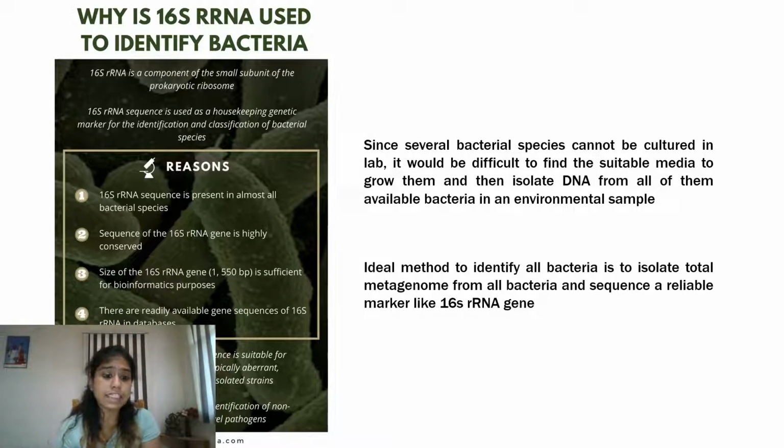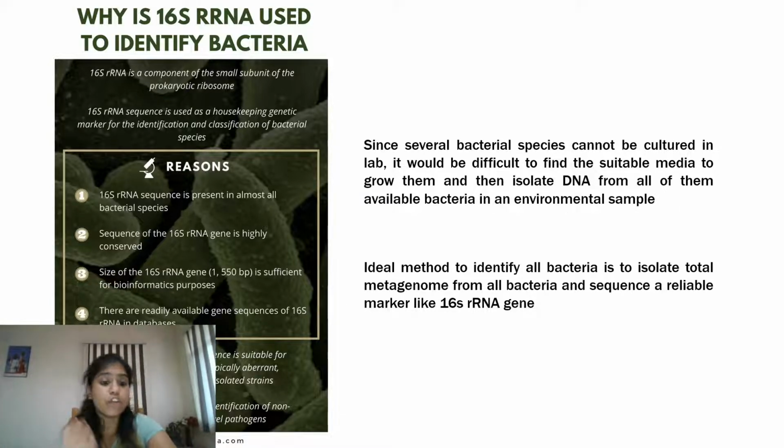Hence this particular gene has been sequenced so many times, and in case you want to compare your gene with something that has already been sequenced, to find what microbe or bacterial strain it is, it would be easy to just use that sequence and find the similar matching sequence from the database. Since this repository is very robust and has a lot of sequences, sequencing 16S rRNA is an added advantage. So 16S rRNA sequencing is suitable for identification of phenotypically aberrant, poorly described, or even rarely isolated strains.